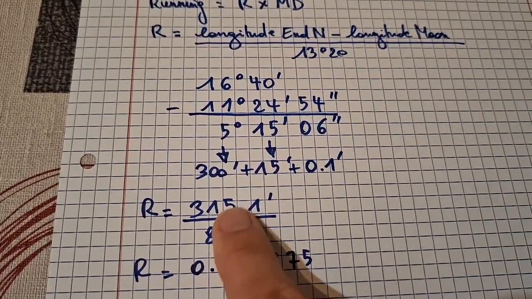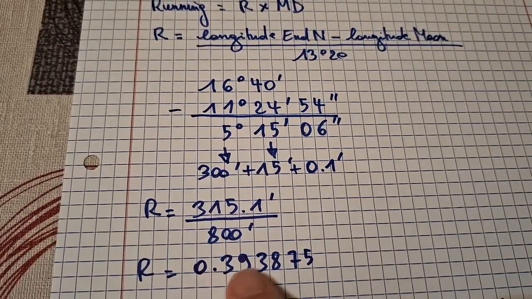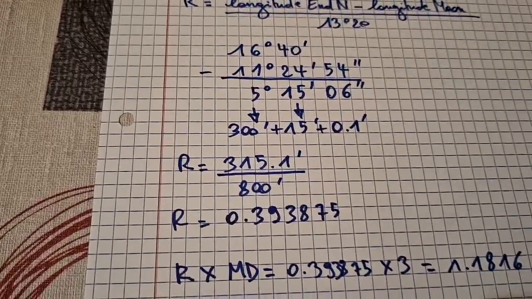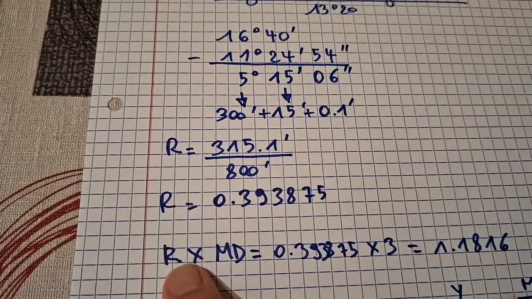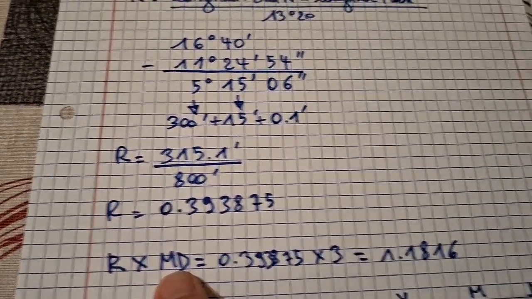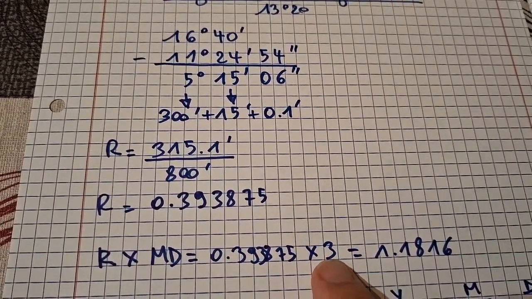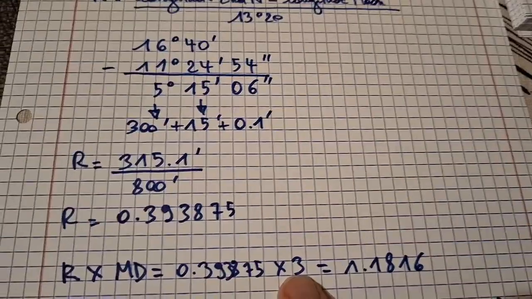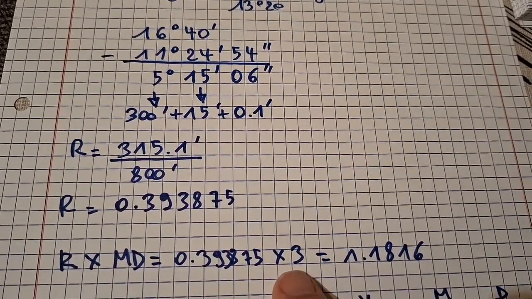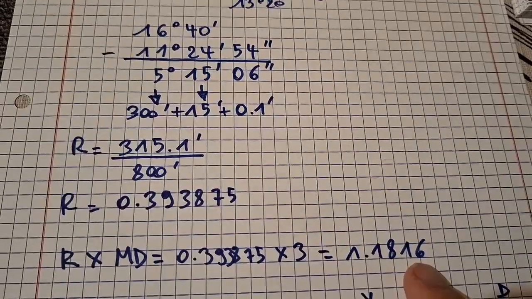If you do the division, we get 0 point something. So this ratio we have to multiply by the Mahadasha years. We know that it is 3 because it was Danya running, the Mahadasha of Jupiter. So this gives us 1.1816.